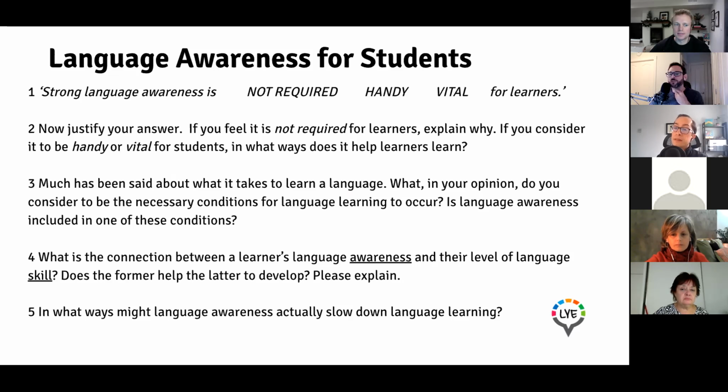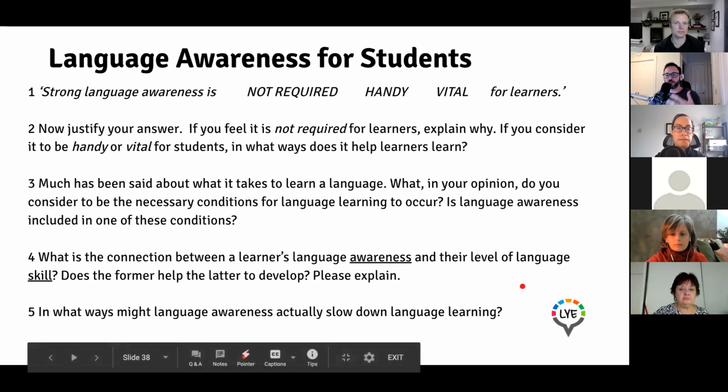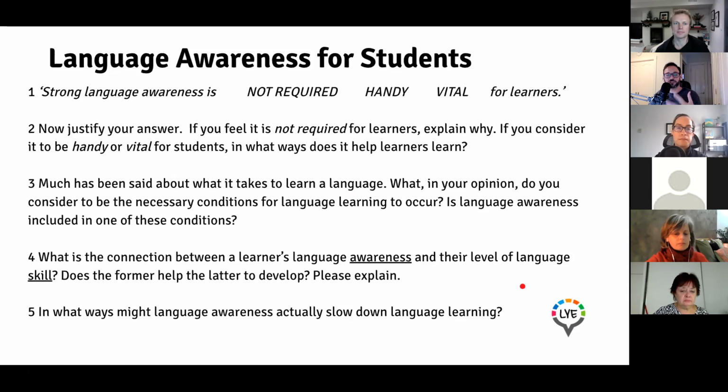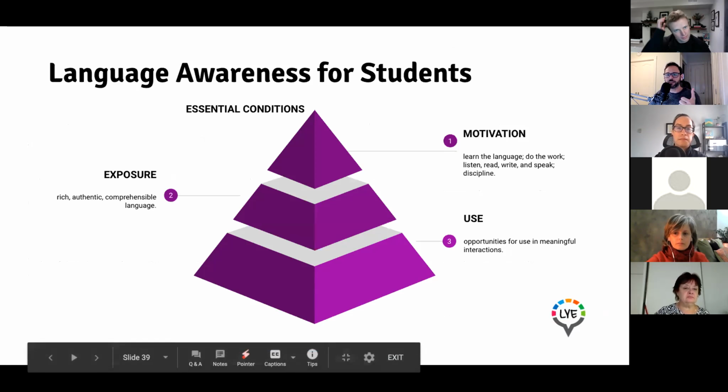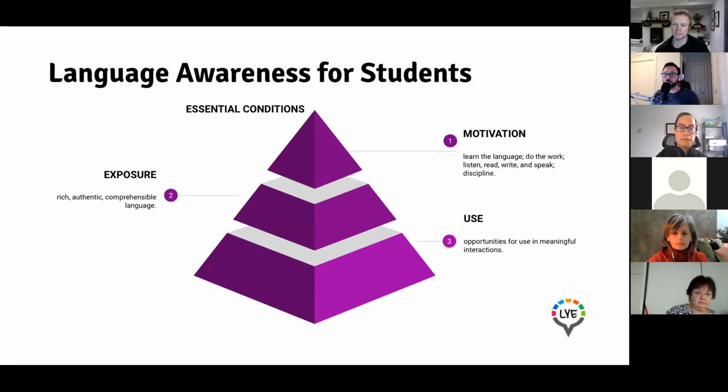There was research by Peter Skehan and Dave Willis and a lot of other applied linguists, and they have reached some sort of consensus on the essential conditions for someone to learn a language. According to them, there were three things. It's what they call the EMU. The optimal conditions for someone to learn a language include exposure, and again, exposure to language that is rich.